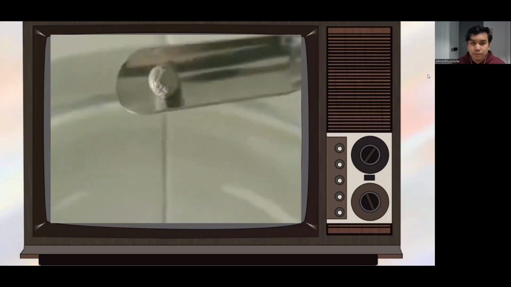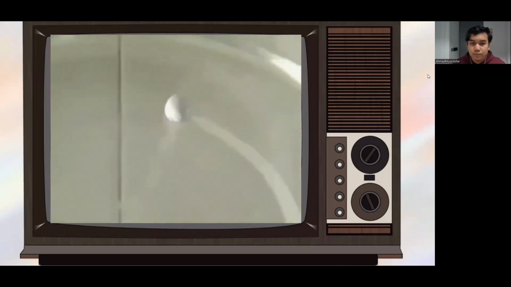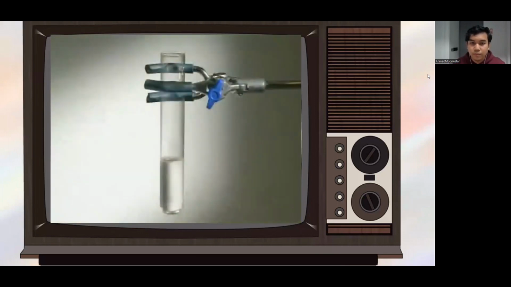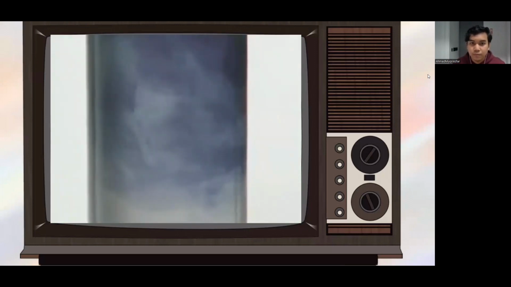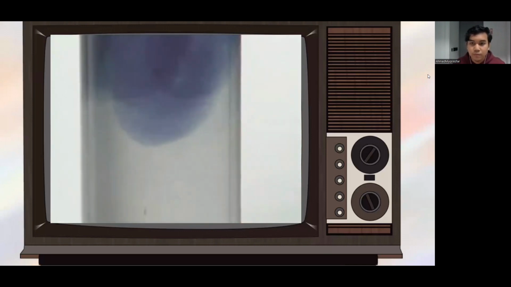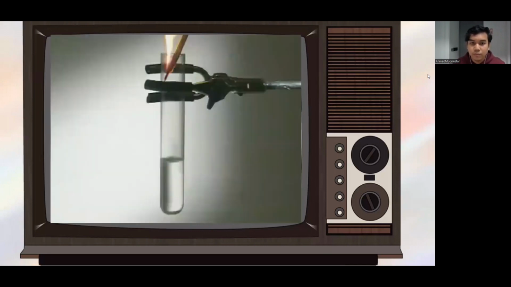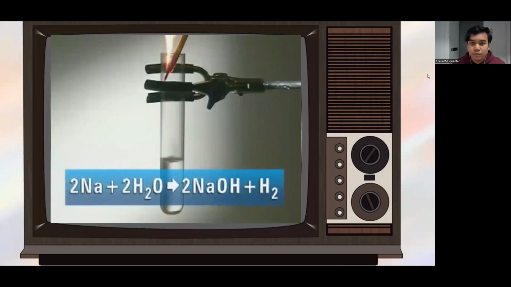So how does sodium react? Again, it floats on the water and fizzes. The gas produced is hydrogen. And the solution is alkaline. When sodium reacts with water, sodium hydroxide and hydrogen are formed.